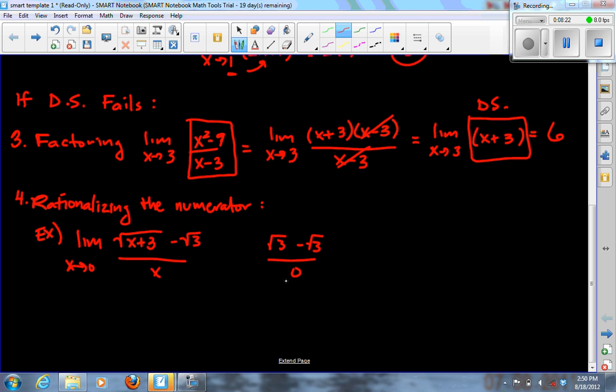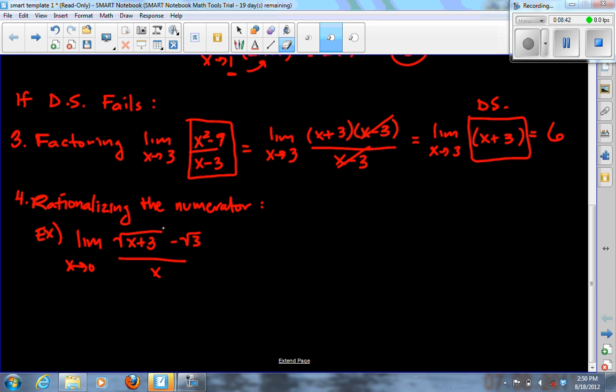So this is 0 over 0 again, and direct substitution has failed. Well, I don't know of any way to factor this, which is my first step after direct substitution fails. So I need to go to rationalizing the numerator, and usually you want to rationalize the numerator when you see square roots. That's usually a giveaway.